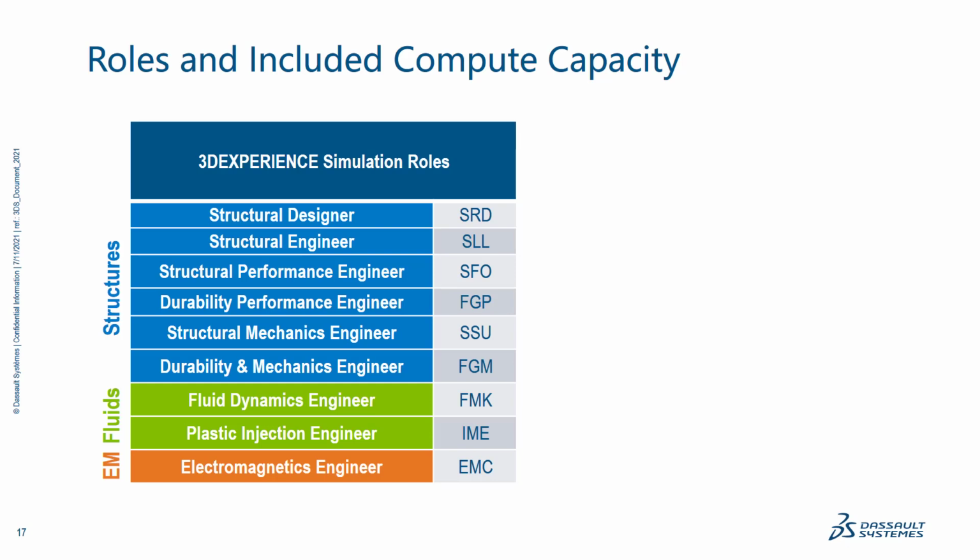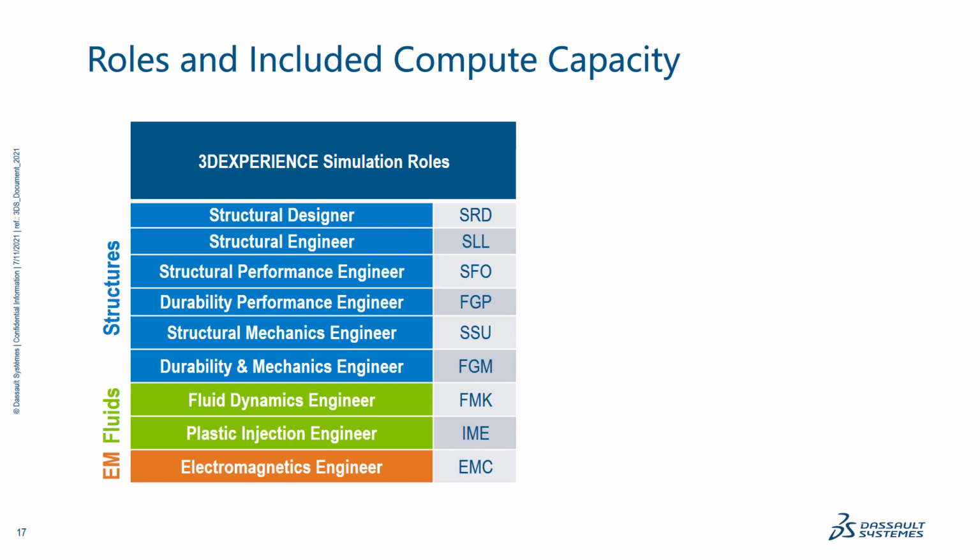So we're starting with the role structure designer. That's the role or license for, as the name says, doing simple simulations on designer level. So this is linear simulations, so linear static, eigenfrequency, buckling simulations with only solid structures, so solid elements, and a certain set of pre- and post-processing capabilities.